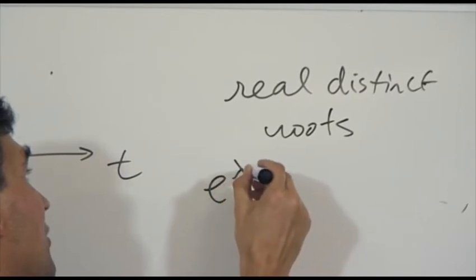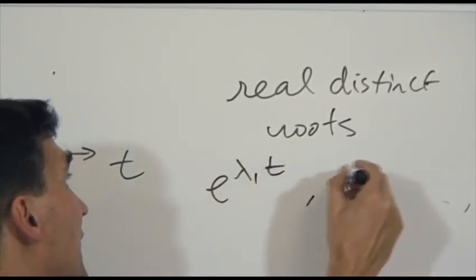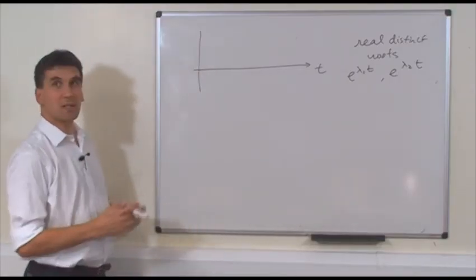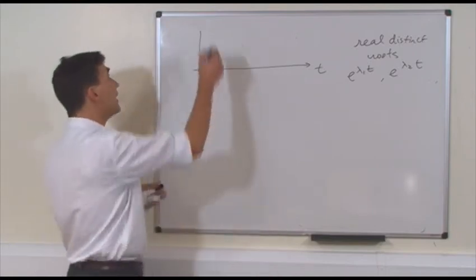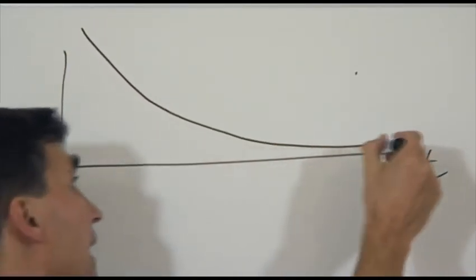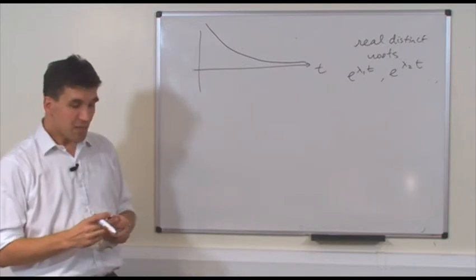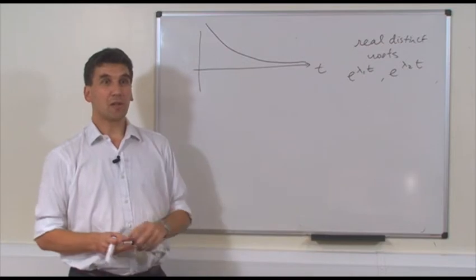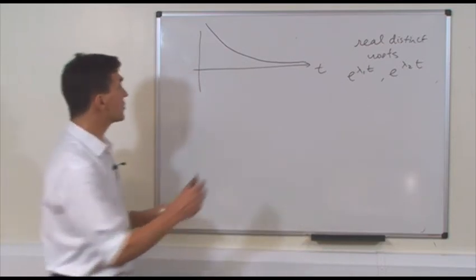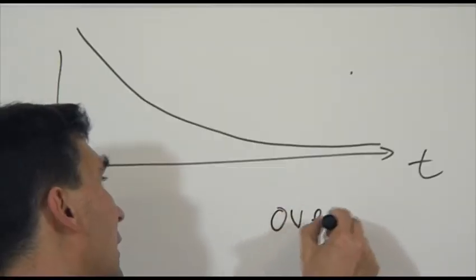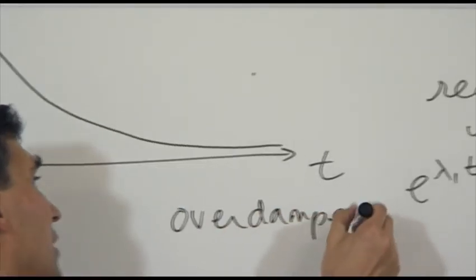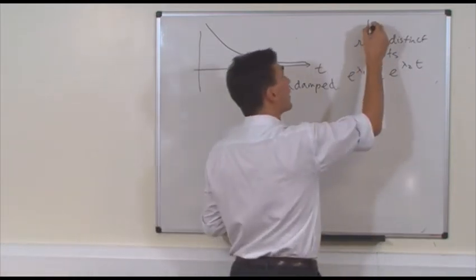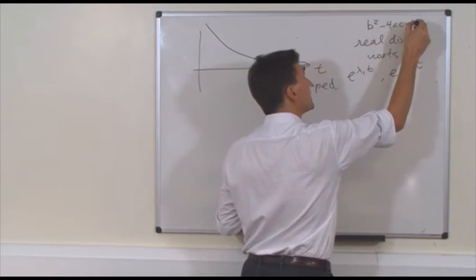That means solutions like e to the lambda 1 t and e to the lambda 2 t, where for, say, the shock absorber of a car, these lambdas will both be negative, then you'll get solutions that will decay exponentially in time. So that means you give your car a bump, and your car will gradually restore itself to its equilibrium position. And this is called overdamped. And if your car is doing this, it's not tuned properly. This is the case where b squared minus 4ac is positive.